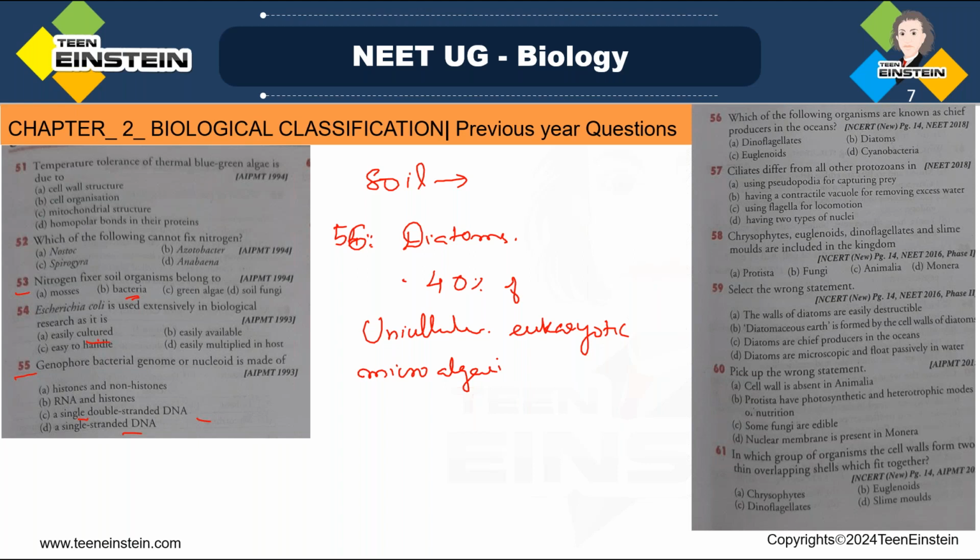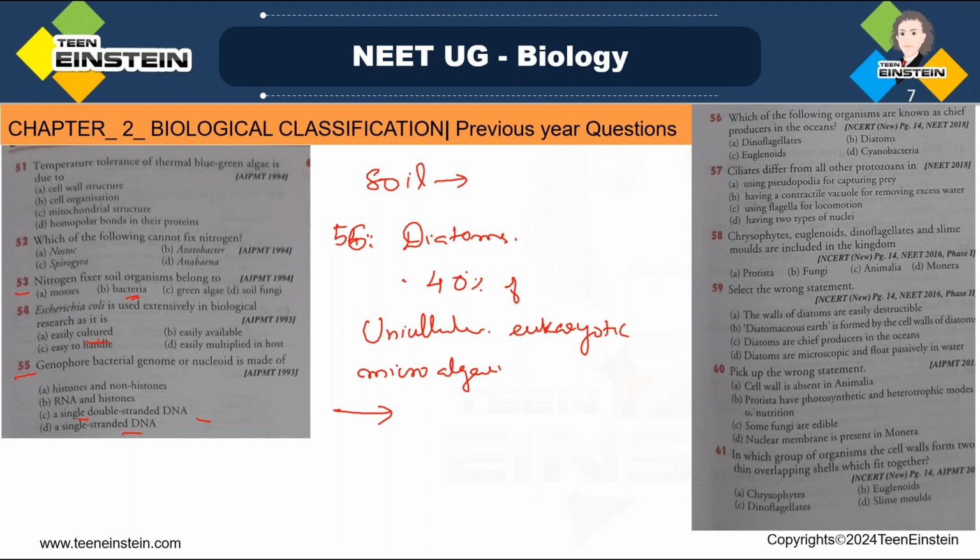Unicellular eukaryotic microalgae, and among that the most common type is phytoplankton, right? Here you can say the diatoms are the chief producers of the ocean, and they are contributing around 40% of marine primary productivity.